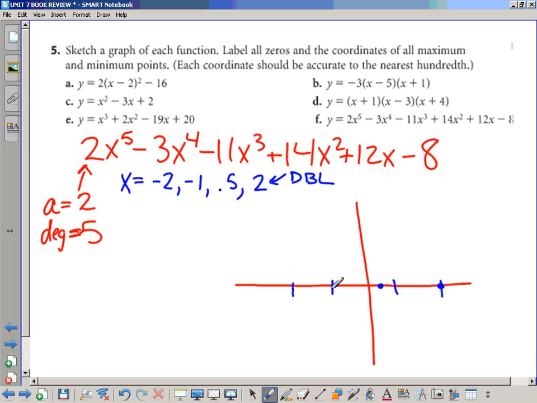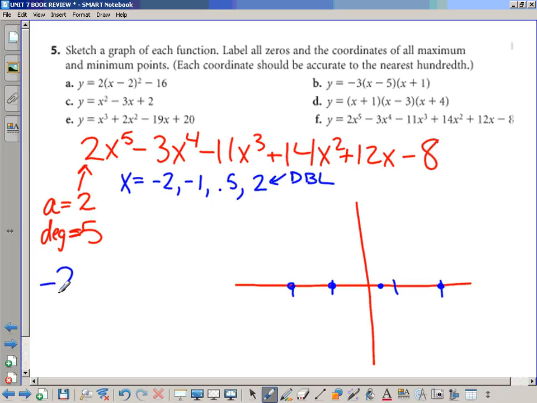So those are the 4 roots that we think that there are, one of them being a double. I think it's going to slice up, down, up, and then bounce off at 2. So what I'm going to do is take one of these solutions and see if it works in synthetic division.